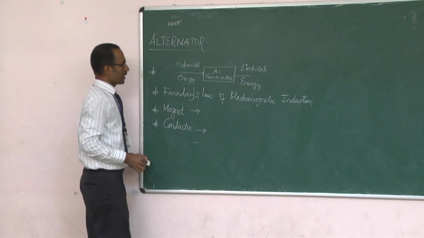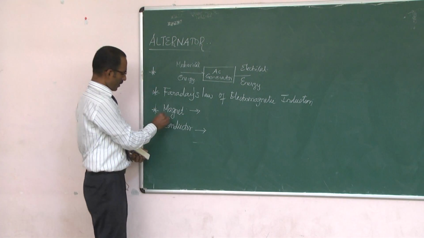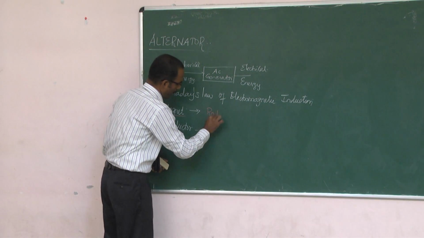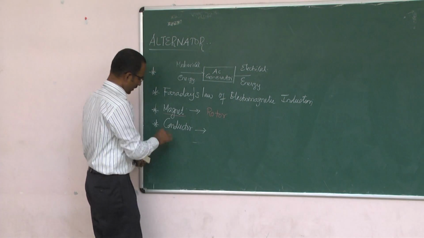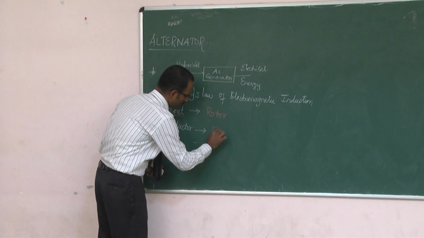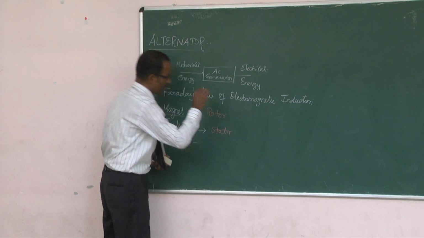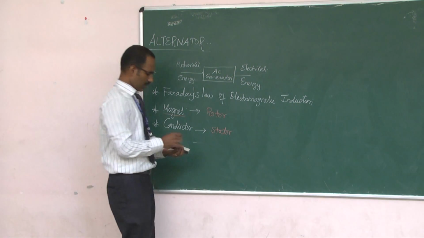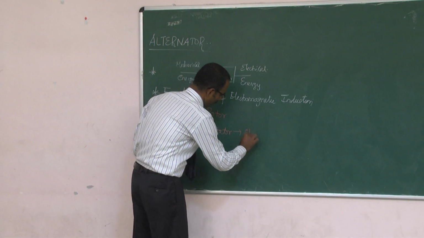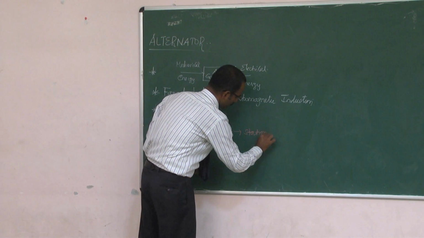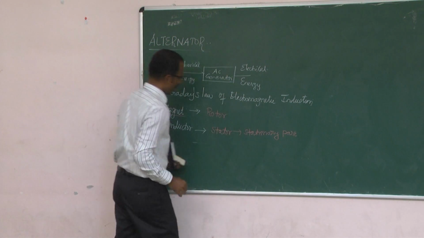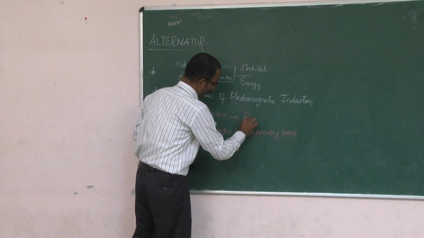So as far as our AC generator is concerned, the magnet is considered as the rotor. The conductors are placed in the stator. From the name itself, we can understand that stator is nothing but the stationary part of the machine. The rotor is the rotating part of our machine.